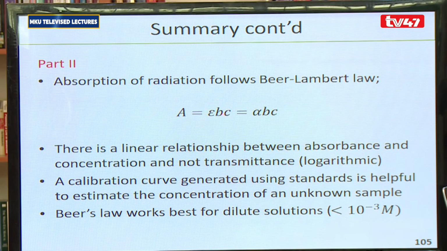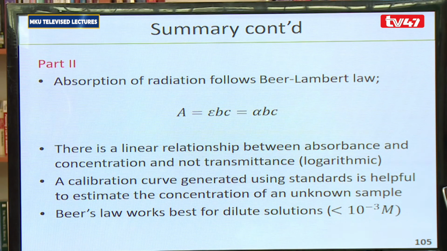Unless otherwise stipulated, you should always take the path length to be 1 centimeter. However, you may get some instances whereby the path length is not 1 centimeter, but in that case, the path length will always be specified.